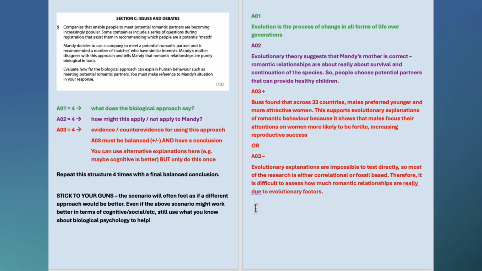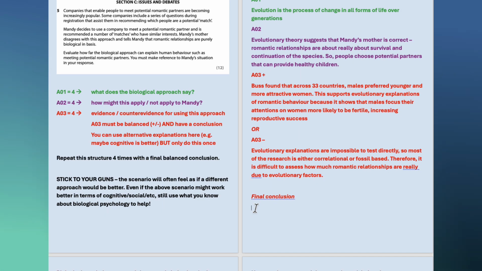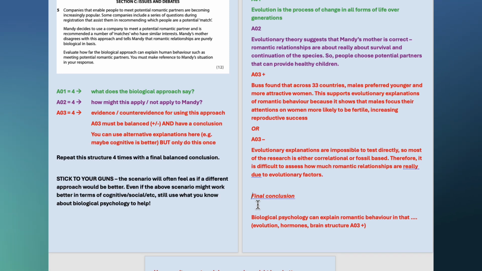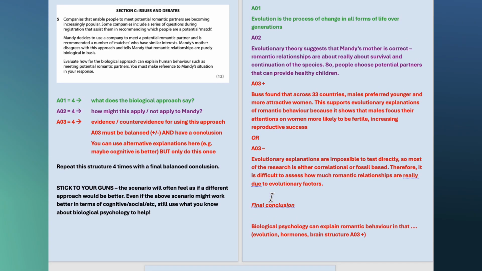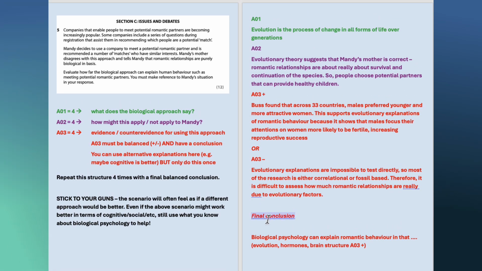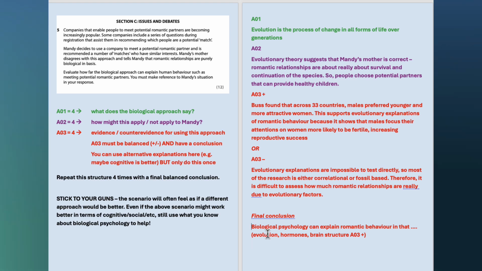Let's think about the ending though. At the end, you want a conclusion, and that conclusion needs to be balanced. So this is what we might do. Biological psychology can explain romantic behavior in that, and you summarize your positives, but then you're also going to summarize your negatives.